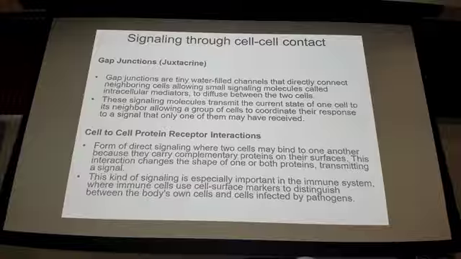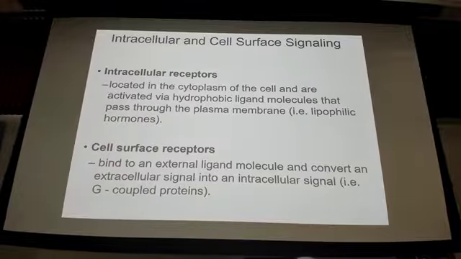Then you have cell-to-cell protein receptor protein interactions, and in this signaling, cells with complementary surface proteins bind and transmit specific change, and that is particularly important in immune response. So this is how our immune cells recognize cells that should not be in the body, and they work to remove them.